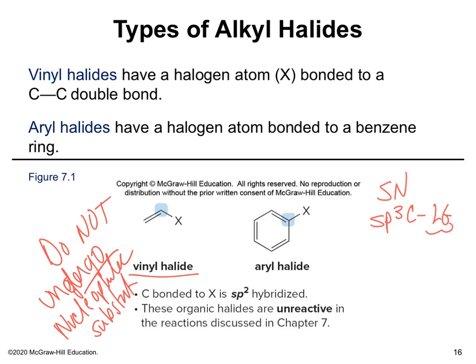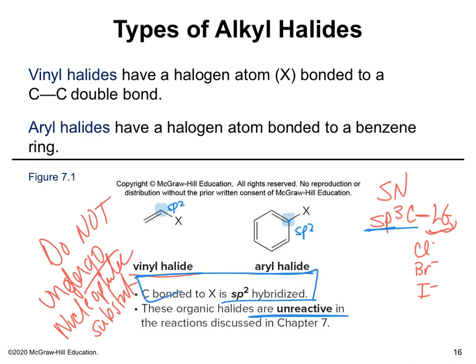Because you're going to learn other leaving groups besides just Cl, Br, and iodide. You're going to have other leaving groups, but the one thing that has to stay the same is that the carbon has to be an sp3. This is an sp2 carbon. This is an sp2 carbon. This is called a vinyl halide. This is an aryl halide. And these are unreactive in these nucleophilic substitution reactions.